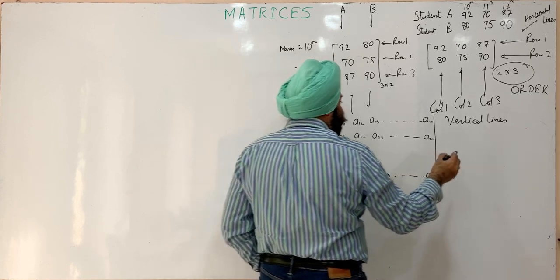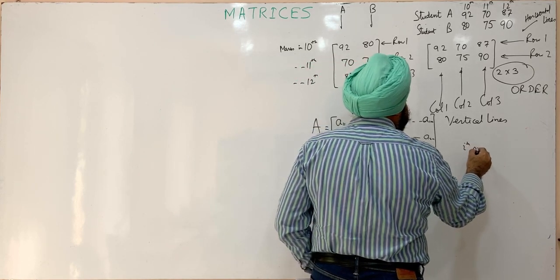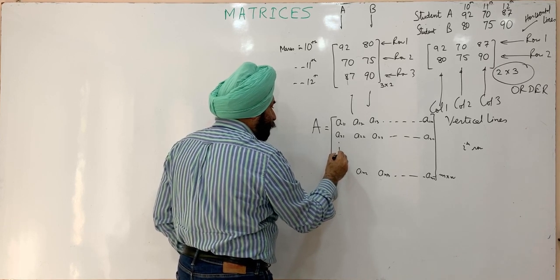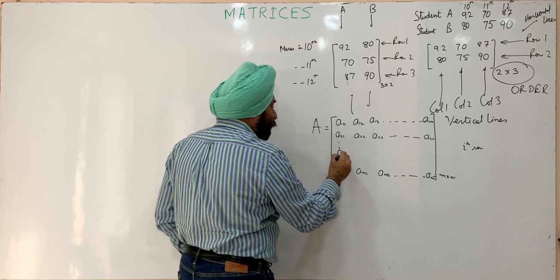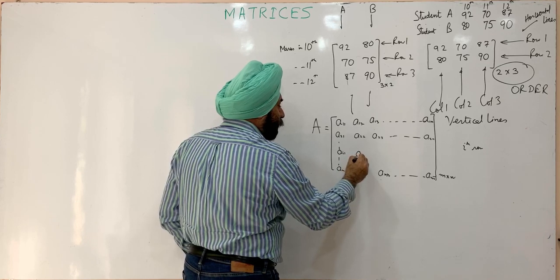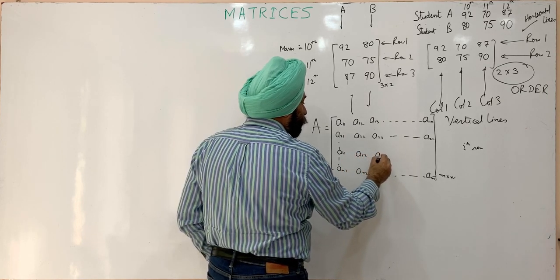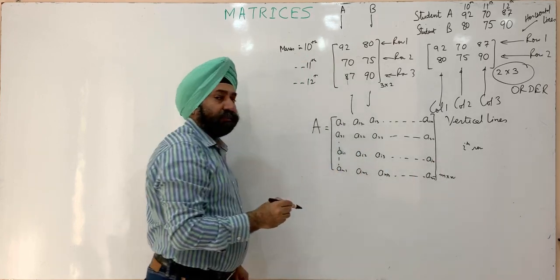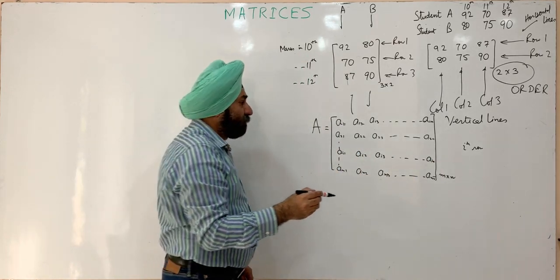In between, let us say we have the ith row. So we can write elements of the ith row like ai1, ai2, ai3, and so on, ain. These are elements of the ith row.